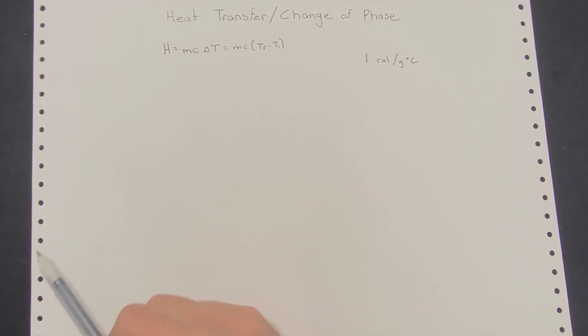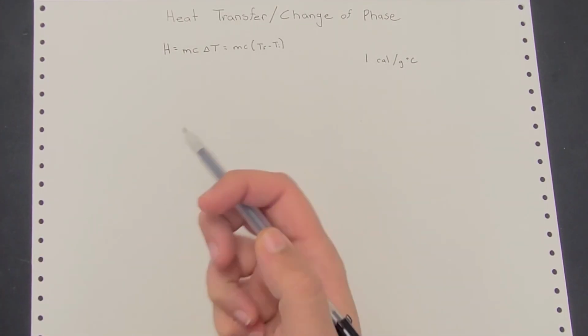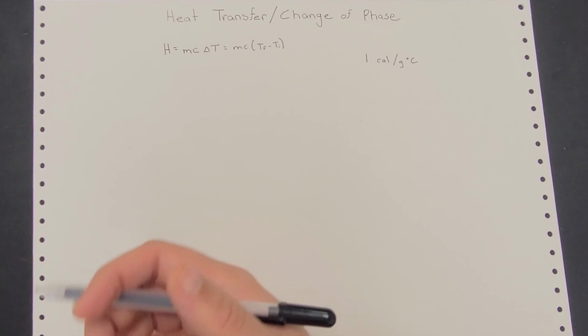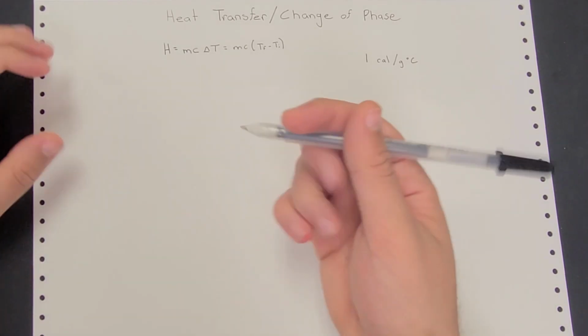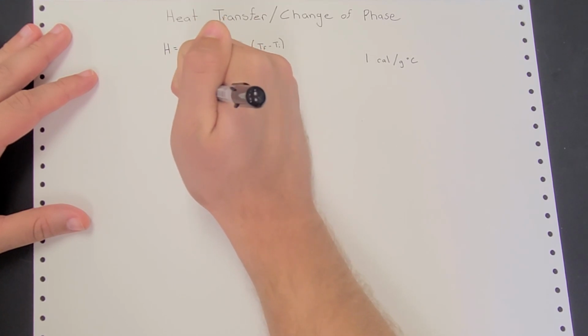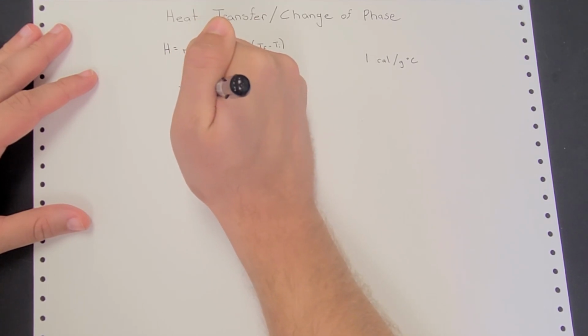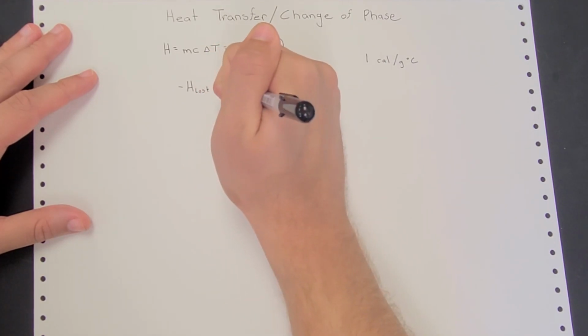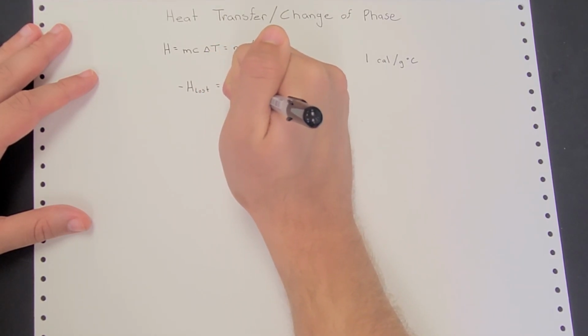Okay, so now let's talk about heat transfer. Anytime two objects are brought into contact, we already talked about there being an exchange of heat between the two because of the change in temperature, but this exchange of heat has to obey the conservation of energy. So that means, if we write this down, that the negative heat lost by one object has to be equal to the heat gained by the other.